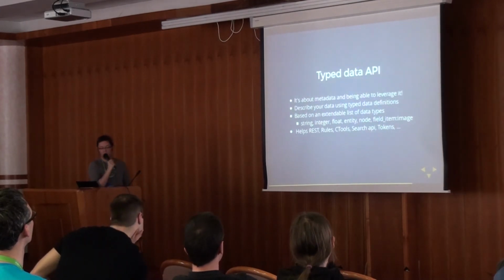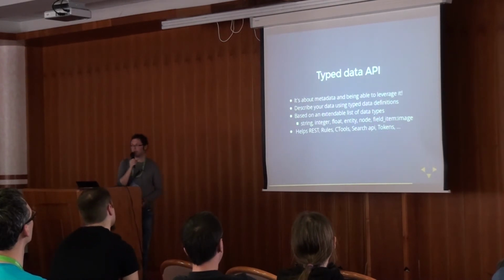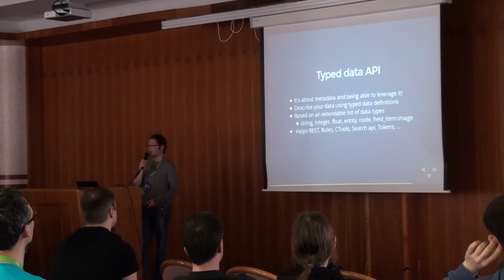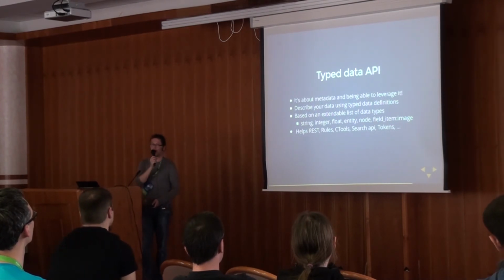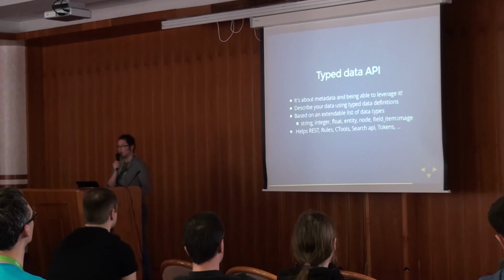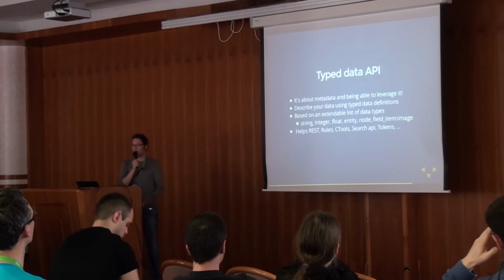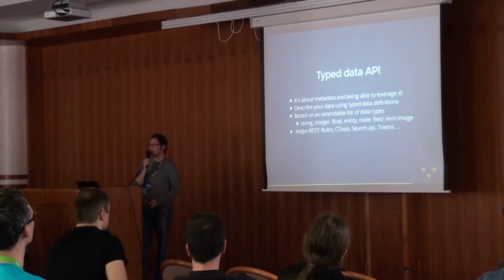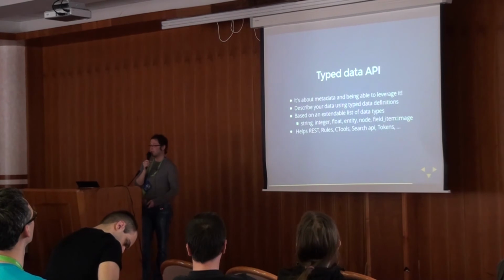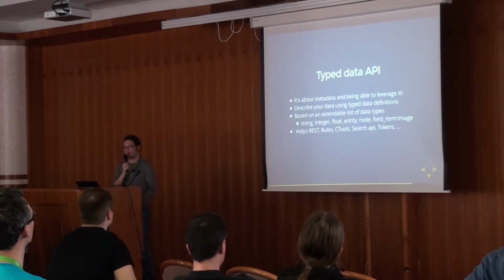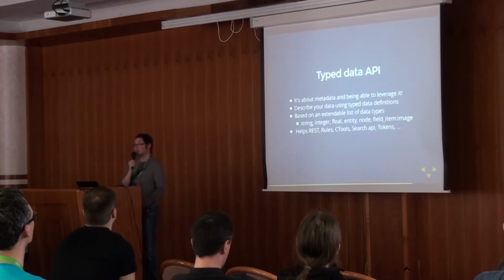And a lot of that stuff that we have been working on, like all the new field types, is based upon a new foundational API, the so-called type data API. It's something that you don't really have to take care of and know a lot about when you are working with it, but it's really helpful still for some sorts of modules, and it's really just an API about the metadata and being able to leverage the metadata.